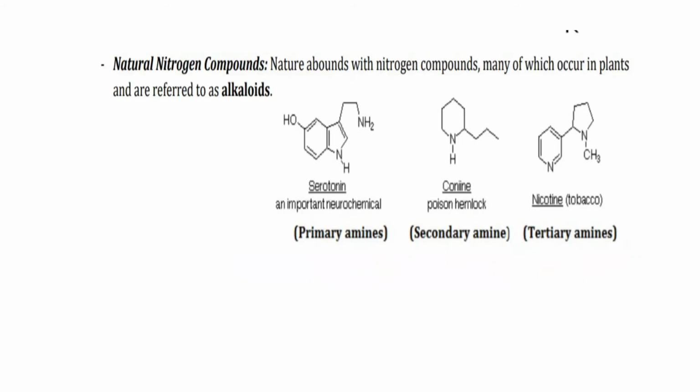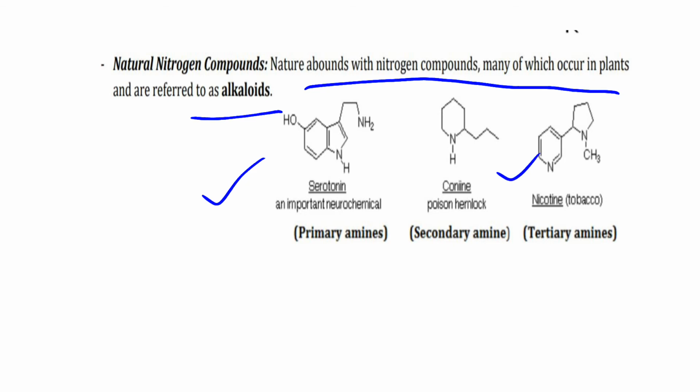What are natural nitrogen compounds? Natural nitrogen compounds, many of which occur in plants, are referred to as alkaloids. Some examples are serotonin, quinine and nicotine.